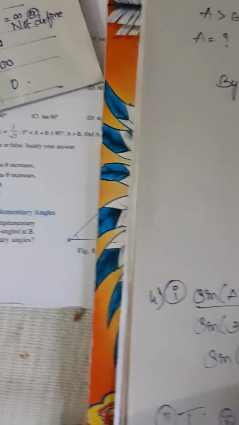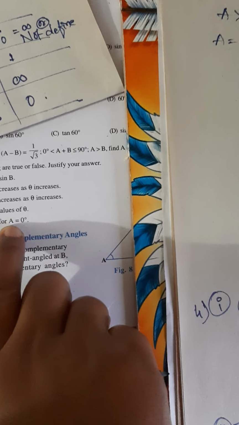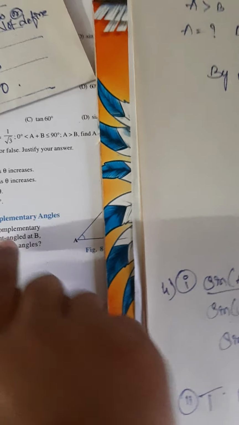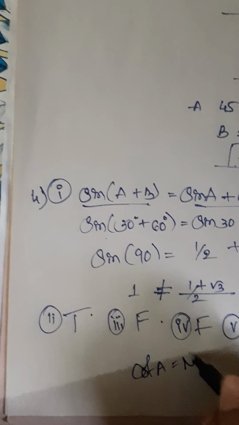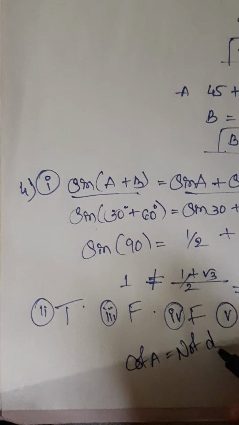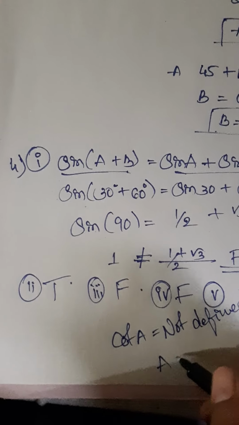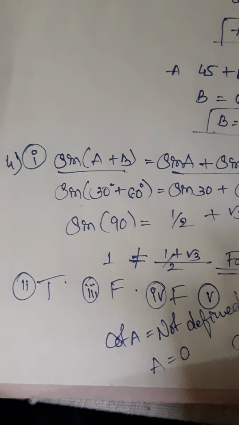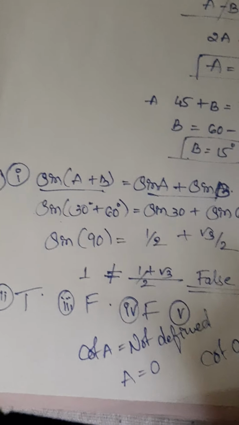Now let's see our fifth one: cot A is not defined for A is equal to 0. Here A is equal to 0, so cot 0 is infinity, that is not defined, so it is true.